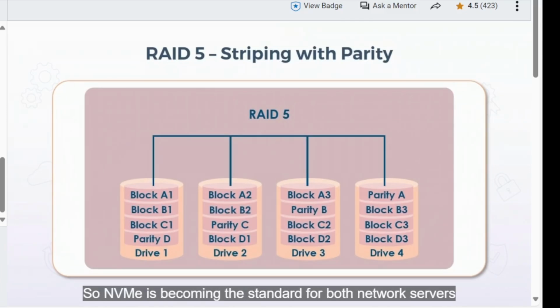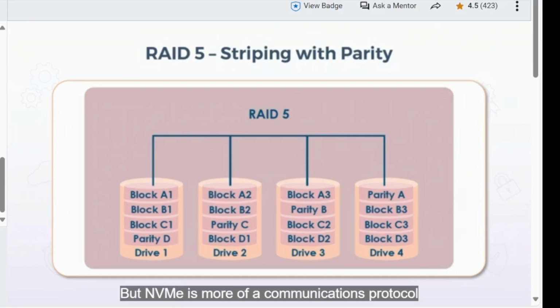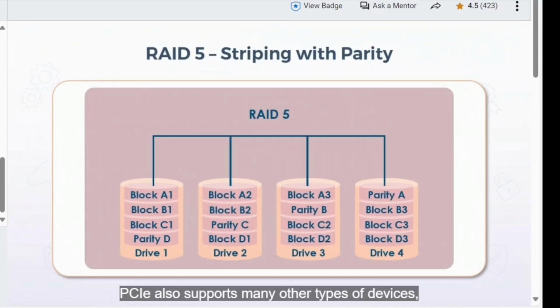So with respect to what the parity itself is, let's just go with one example. Block A1, block A2, and block A3 would represent the file as a whole, but then the parity would be some kind of a mathematical calculation that can be used to recalculate any missing data.